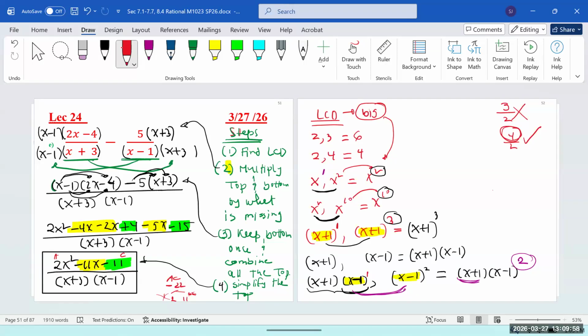So between x minus 1 square and x minus 1, this is divisible because you have the same base. That means take the bigger one. But if you try to divide x plus 1 by x minus 1, can you divide? They're different. So multiply them. Not divisible, multiply them. Is divisible, the bigger power.